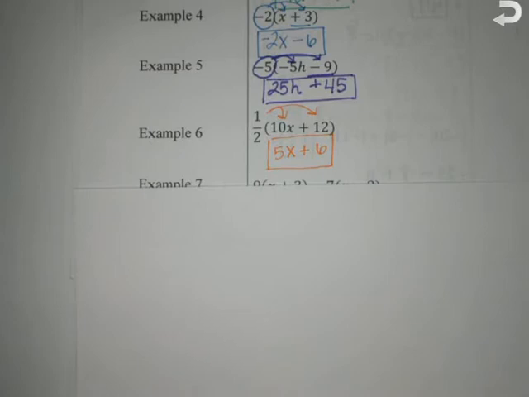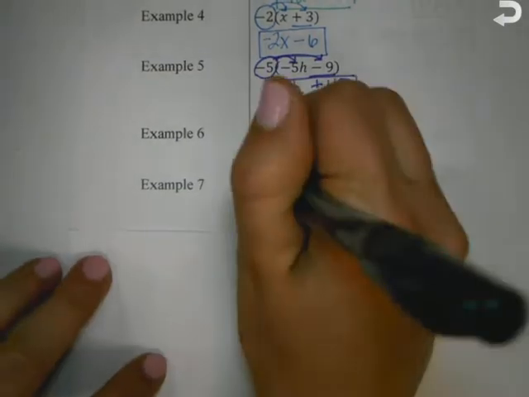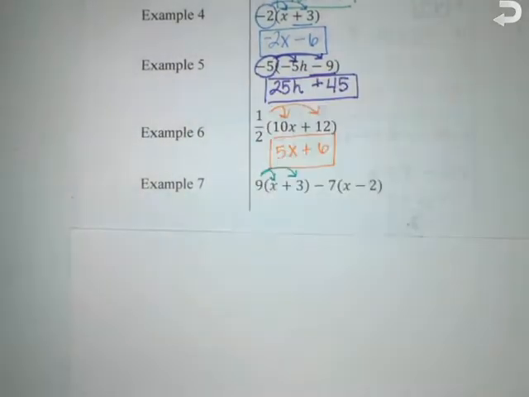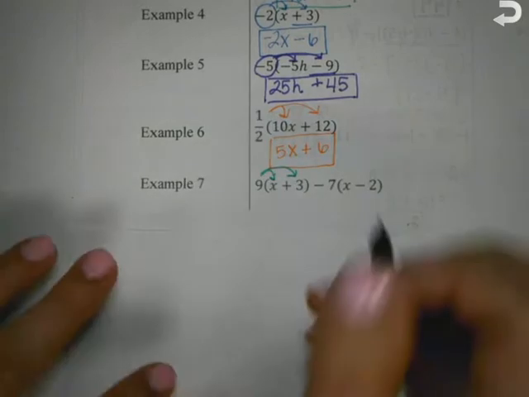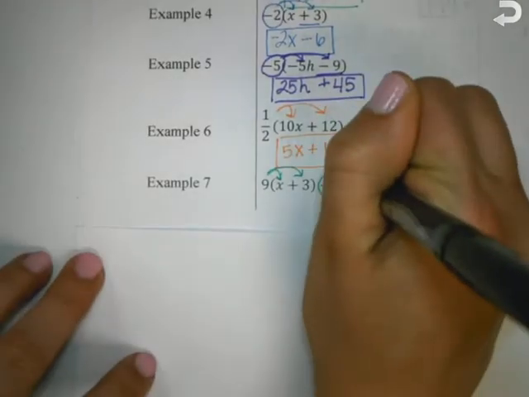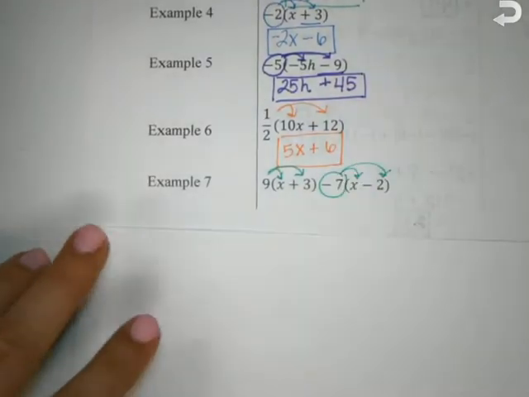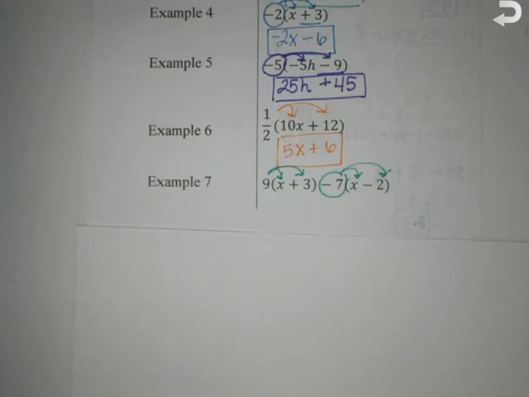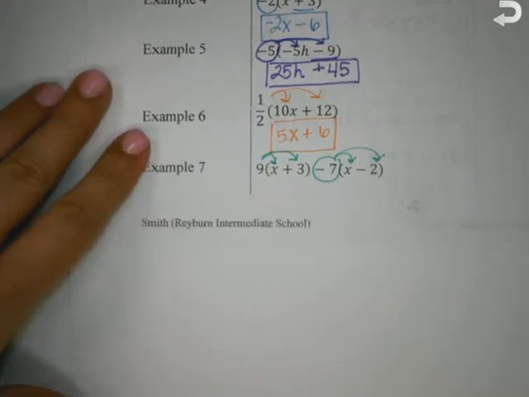Okay, let's put all of these things that we just learned together. What am I going to do first? Yeah, we need to distribute the 9. And we also need to distribute what else? The negative 7. Circle that negative 7 so that you remember that the minus sign goes with it. And then distribute it. Okay, so what is 9 times x? 9x, good.